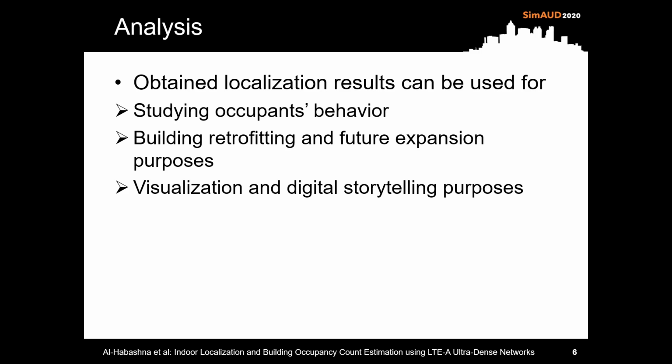This can also be used to find areas with high traffic for building retrofitting and future expansion purposes. The data provided by these localization methods can also be used in BIM models for visualization and digital storytelling purposes.